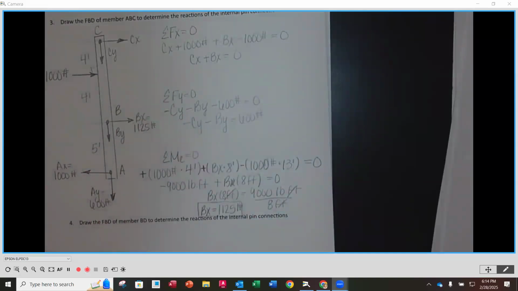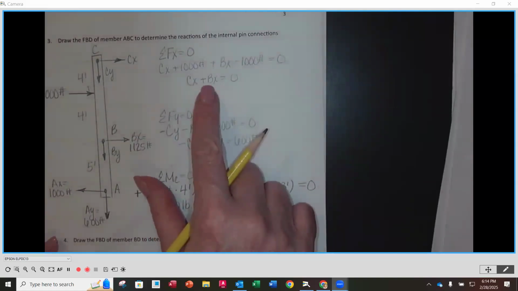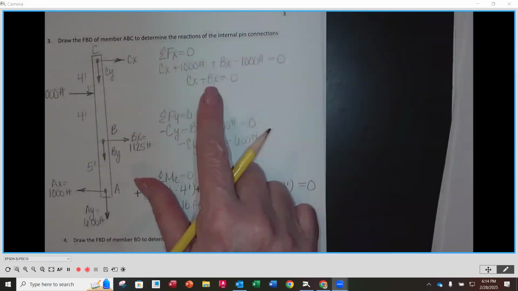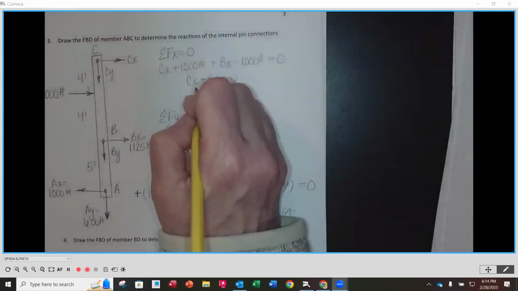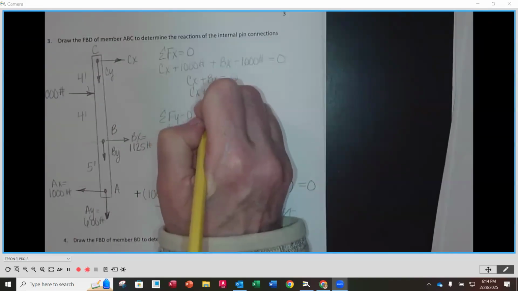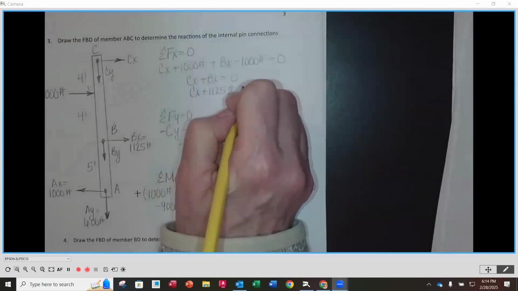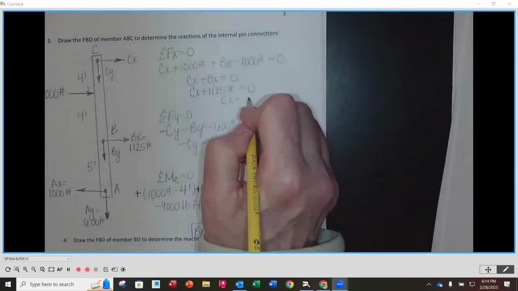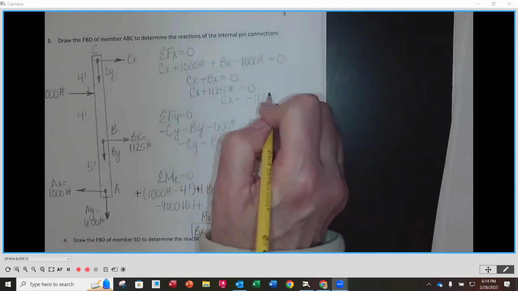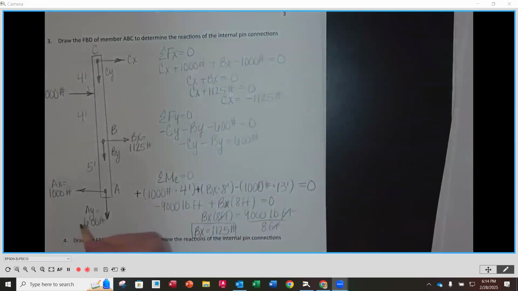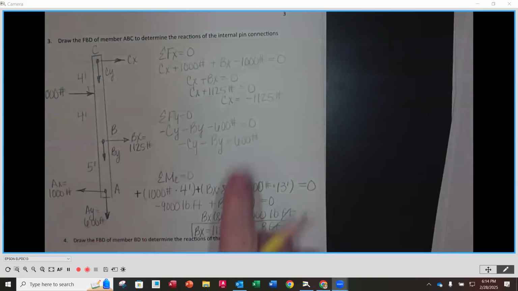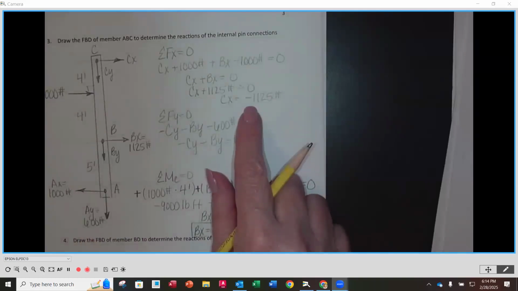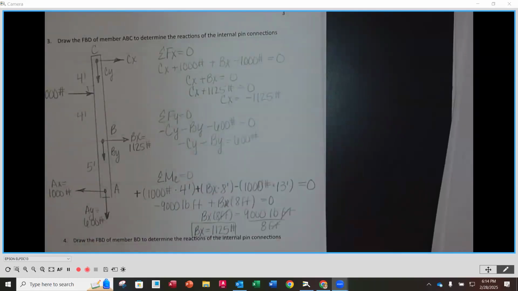Now, that means that we can go up to the top here and use our 1,125 in this equation to solve for CX. So we're going to say, CX plus 1,125 pounds is equal to 0. Move that to the other side. CX is going to be equal to negative 1,125 pounds. Well, that's a problem. We know that if we have a negative number, we assumed the wrong direction. We do not leave a negative.